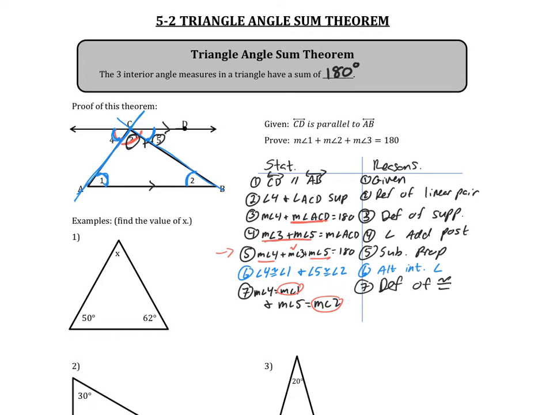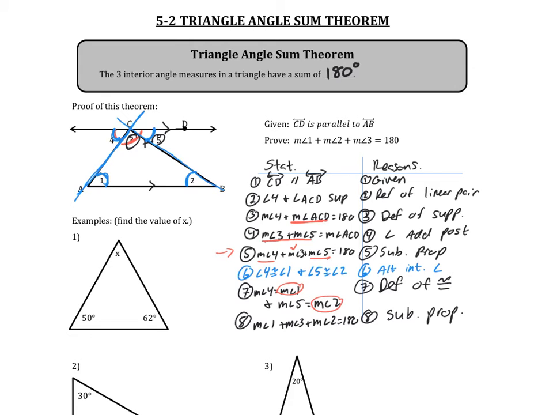So now I can say, last line, the measurement of angle 1 plus the measurement of angle 3 plus the measurement of angle 2 equals 180 degrees. We're allowed to say that because of the substitution property. Okay, so that is the proof of the triangle angle sum theorem.